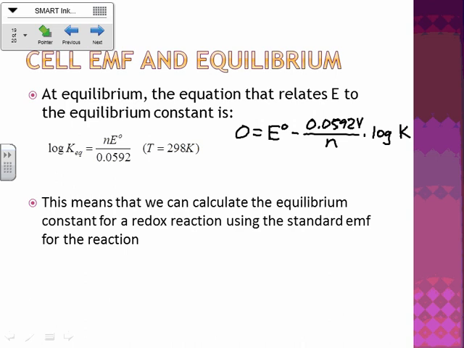I'm not sure if that's the form the equation is written in on your equation sheet or not. It could be written with the R, the T over the nF in there. That's the other way that you could write this. If you go back to our original derivation before we simplified it to a number, it might be written as E0 minus RT over nF times the natural log.